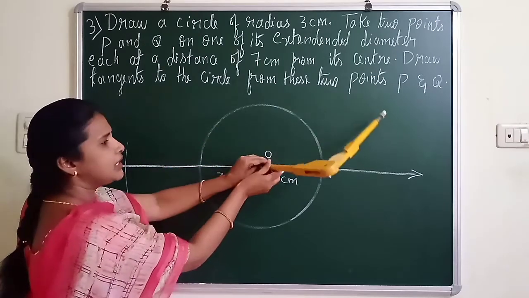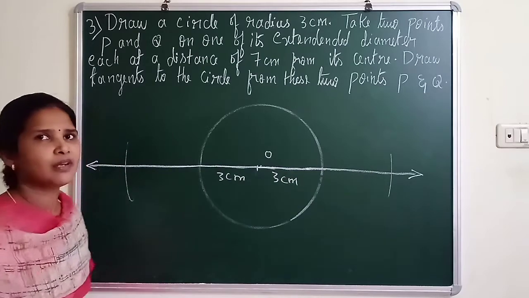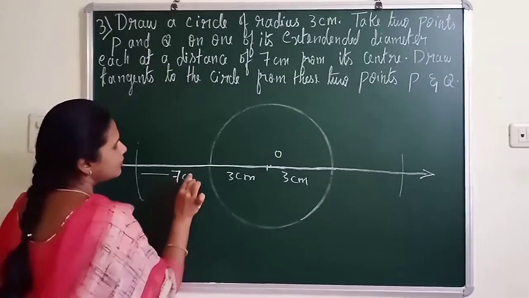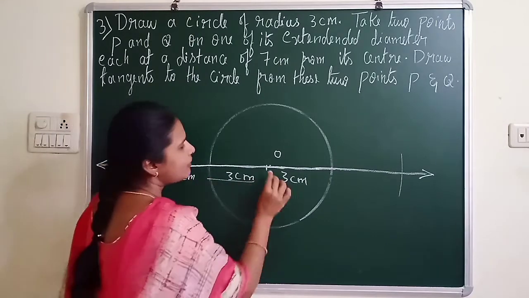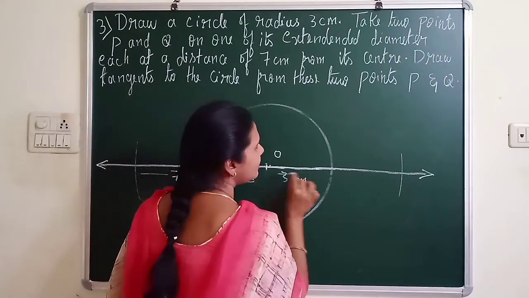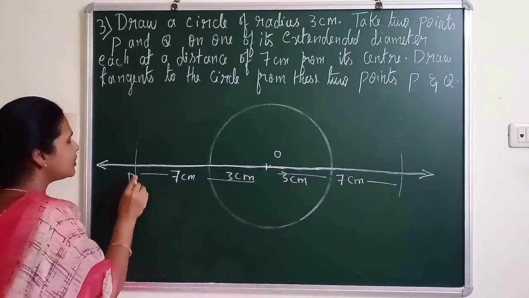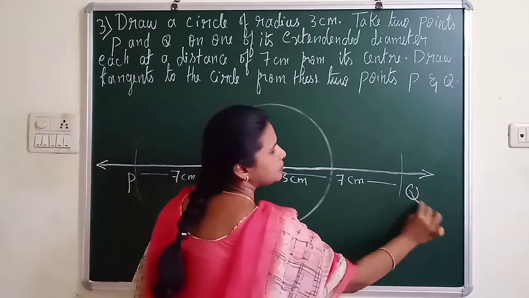This is 7 centimeter and this is also 7 centimeter. From this center to this point again it is 7 centimeter. So mark these points as P and Q.